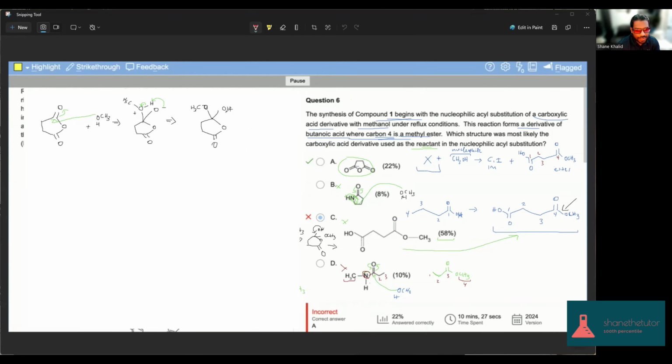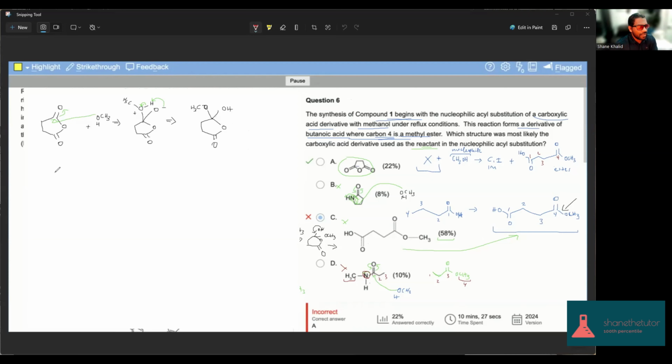So what can happen next is it can have its electrons moving over to here, to essentially reform that double bond. And it would have to break this bond here.